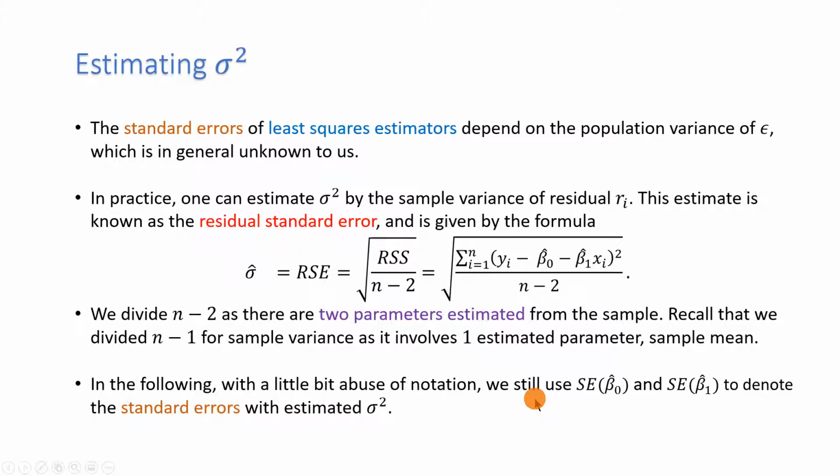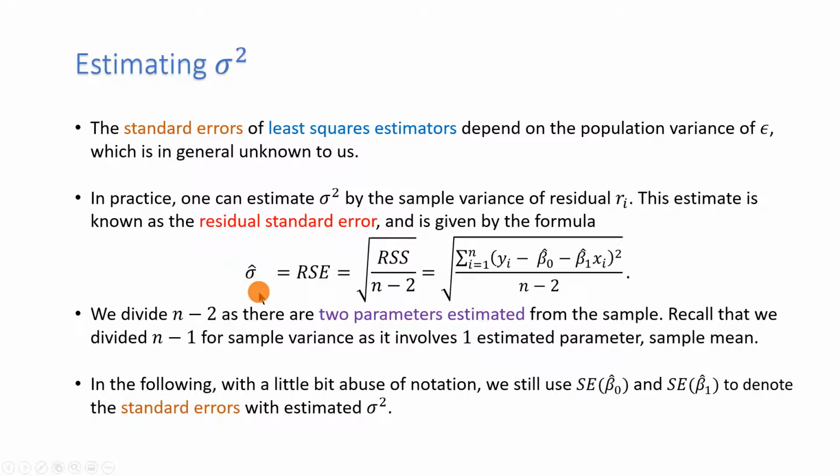And in the follow-up discussions, with a little bit of abuse of notation, we will still use SE of beta 0 hat and SE of beta 1 hat to denote the standard errors of beta 0 hat and beta 1 hat. But here we will replace the unknown coefficient sigma square with its estimate sigma hat square, okay?